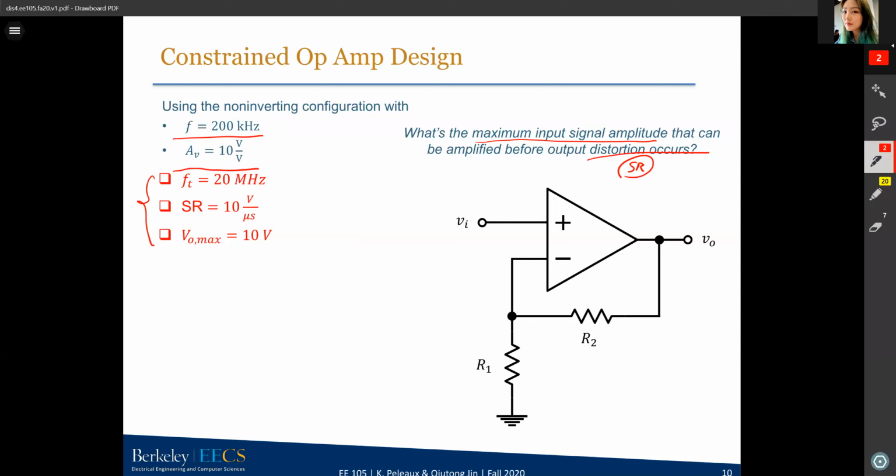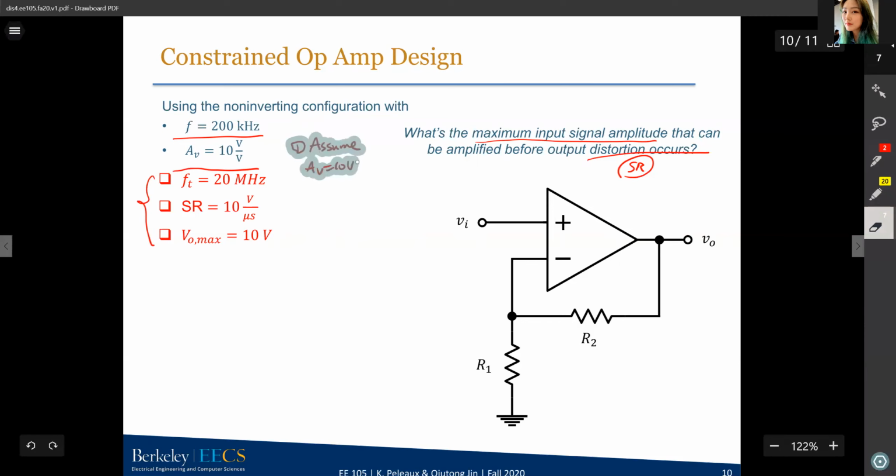To design the circuit, first I assume A_V is 10. Actually, we don't need to assume that. The input frequency is 20 kHz, and we calculate the 3 dB bandwidth, or cutoff frequency, is 2 megahertz.